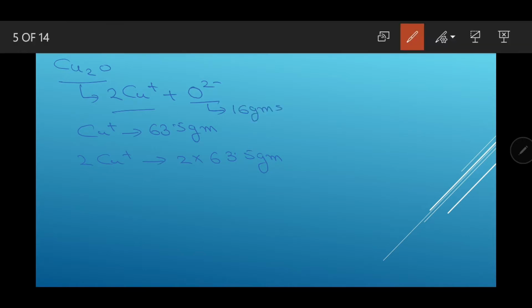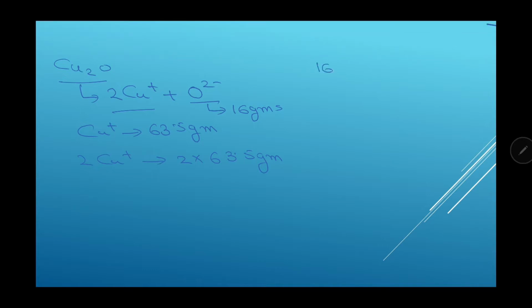So as before, let's do our unitary method. So 16 grams of O2- are replaced by 2 into 63.5 grams of Cu+. So this is Cu+ and this is O2-. Now according to the definition, how much of Cu+ is required to displace 8 grams of oxygen?